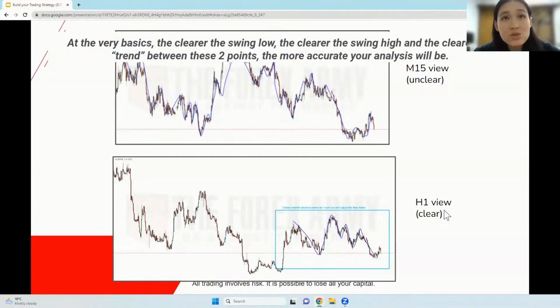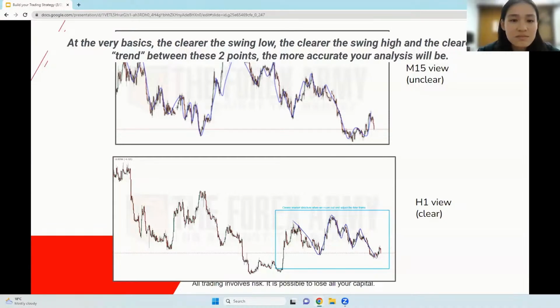There are two criteria here. Firstly, we want to look for a clear swing low or clear swing high. And secondly, we want to look for a clear trend between the starting and ending point. This can be used for support and resistance levels. If you're using pivot point indicators, that works as well, and even your Fibonacci levels. As for which timeframes to use for swing trading, these tend to be the higher timeframes, so 1 hour to about your daily timeframes.